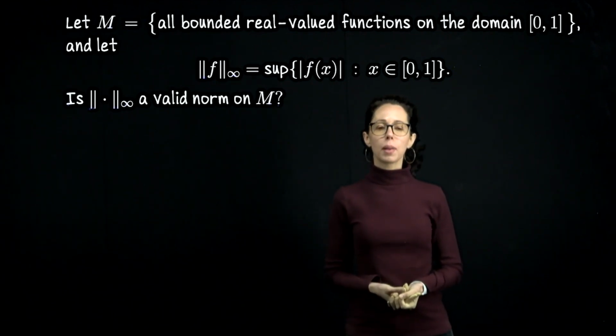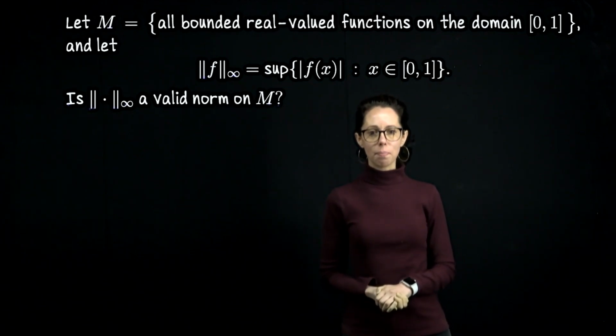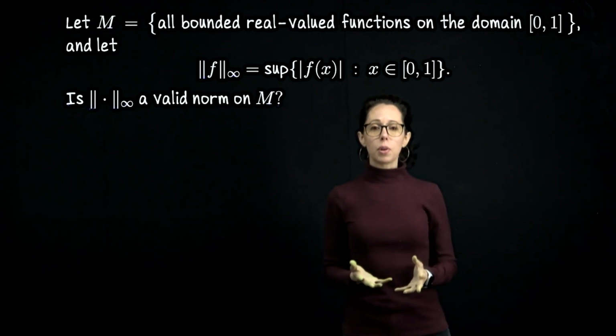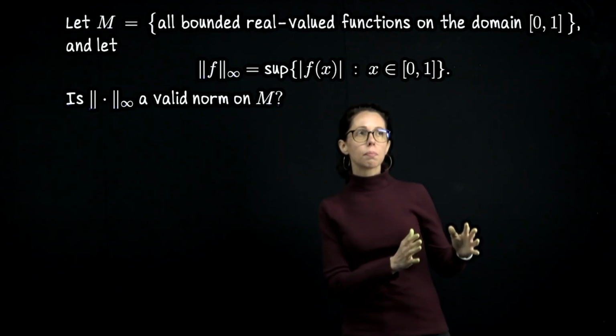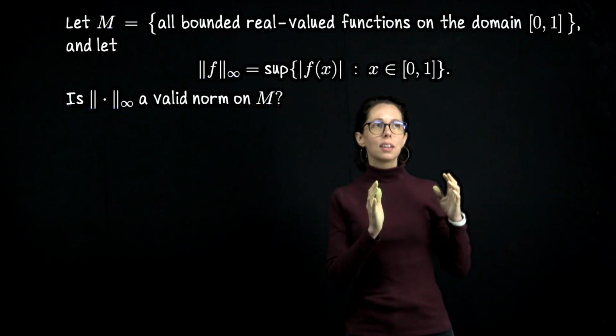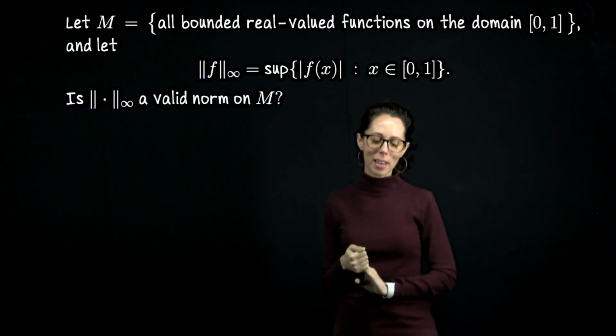Their sum, f plus g, is also bounded, and it is also going to be a nice real valued function from 0 to 1. Addition is commutative: f plus g is g plus f. It's associative: f plus g plus h is the same thing as f plus g plus h.